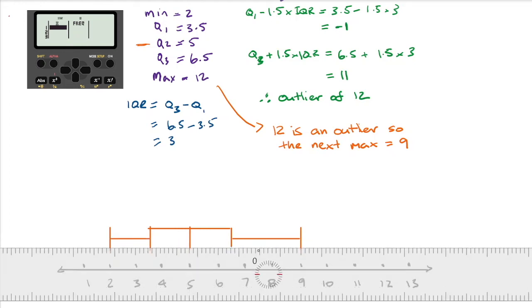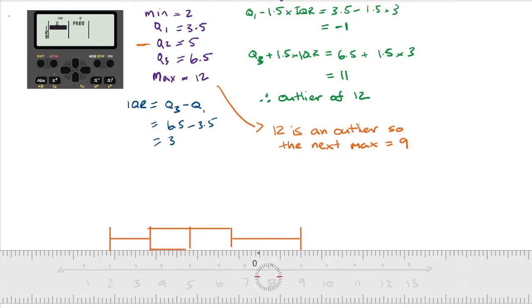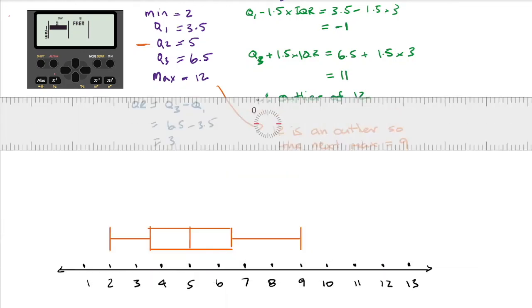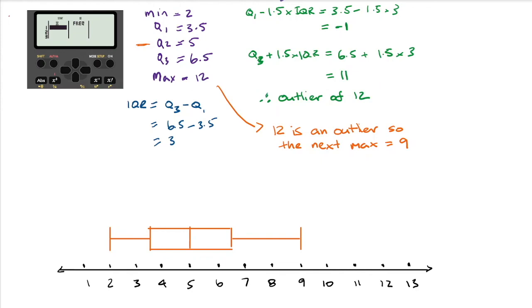And then I'm going to come down the bottom and finish off my box plot. Now it's not perfect, I get that. Yours probably won't be 100% perfect either, but it's pretty straight and it looks pretty good to me. One last little bit that we need to put in, we need to add in our outlier. So we discovered that 12 is the outlier, and we just mark it with a cross.